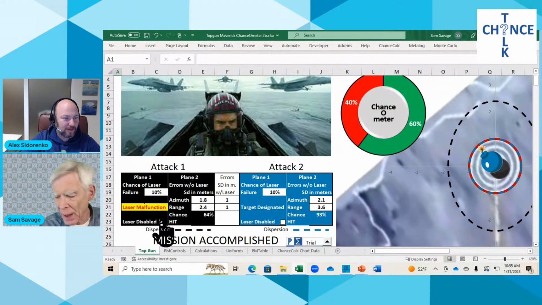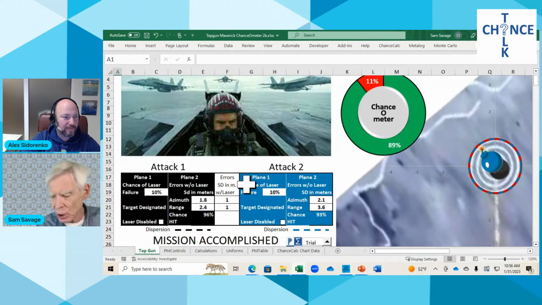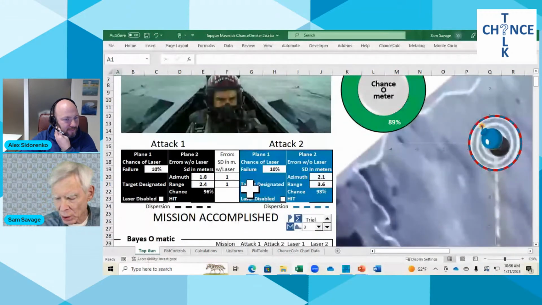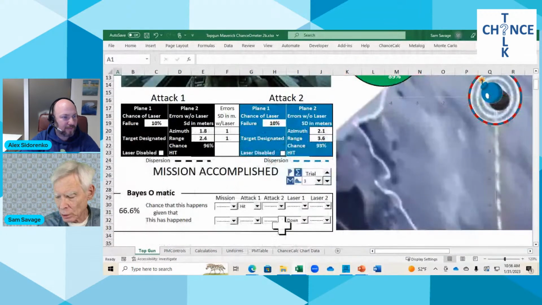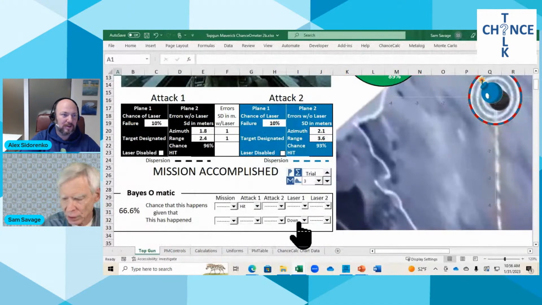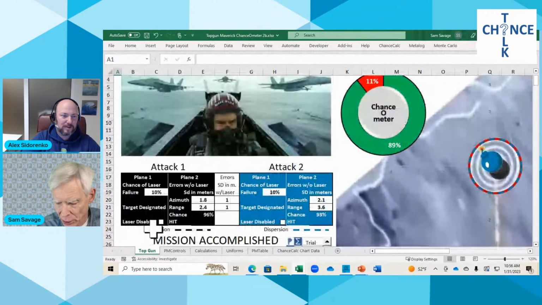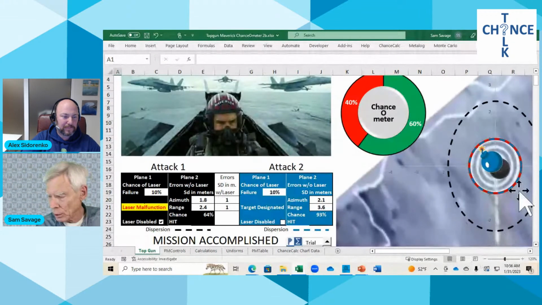Except that also includes all the other things that could have happened when I do that. So given the single condition that laser 1 is down, we still have a 66% chance. Why is it 66%? Well, if I disable it, at least I can see the size of the dispersion ellipse over here, right?